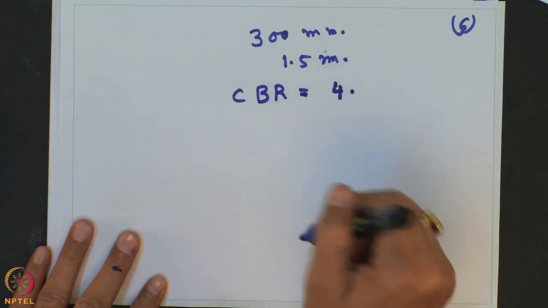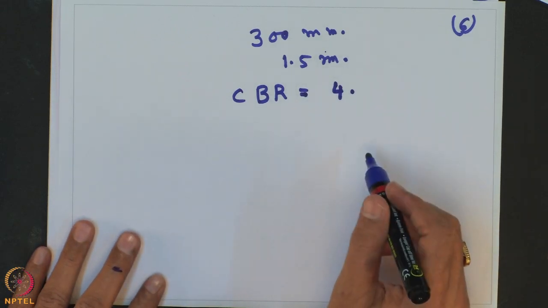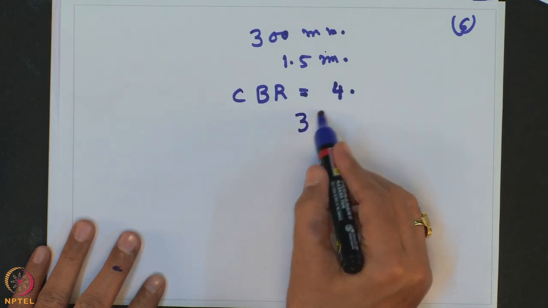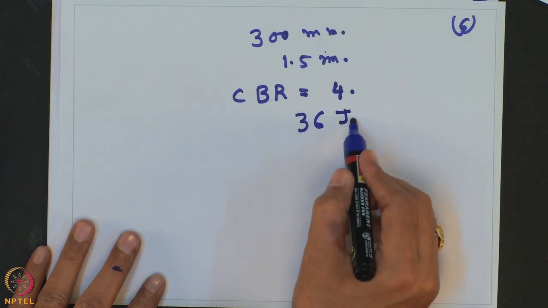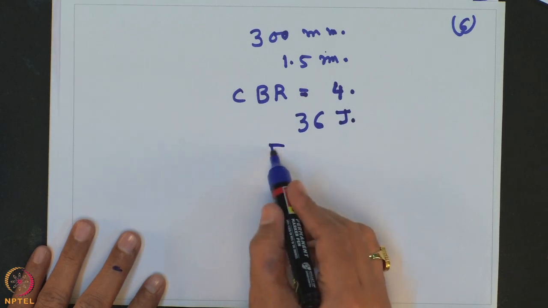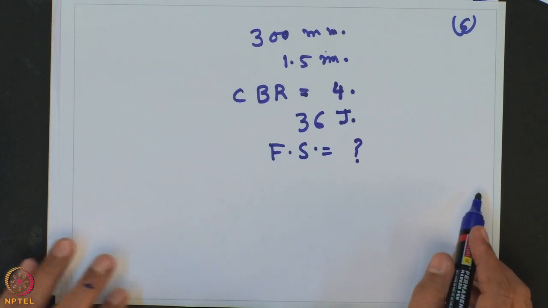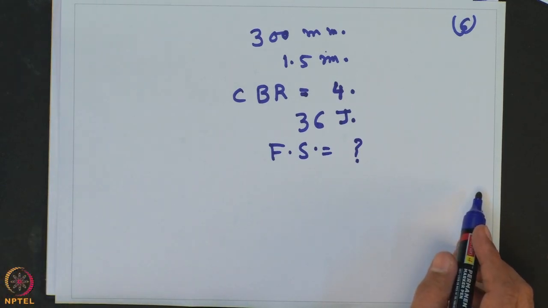If the geotextile has an allowable impact strength of, let us say, 36 J, you have to determine what will be the factor of safety.